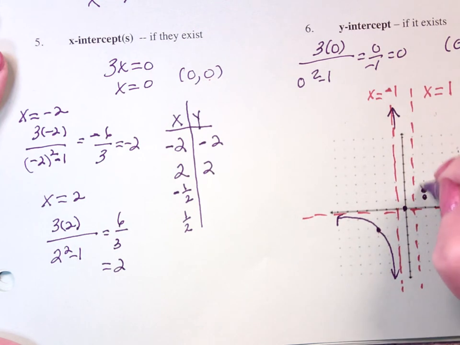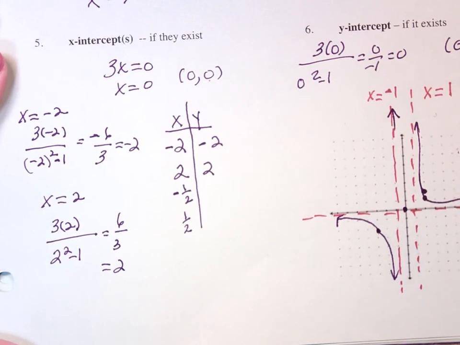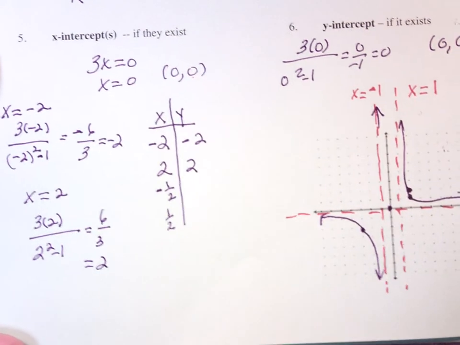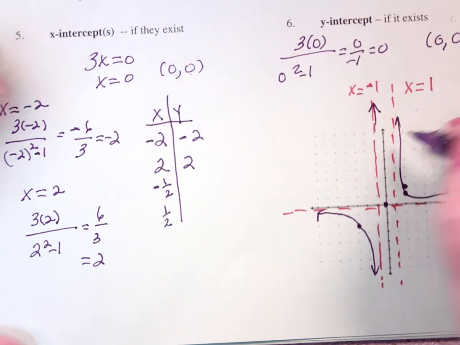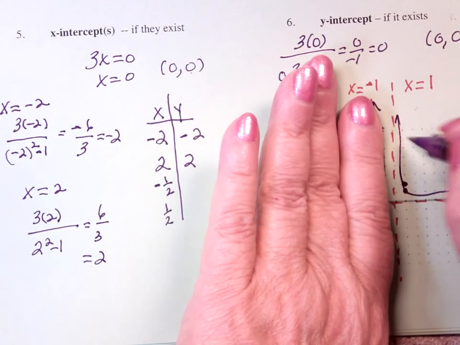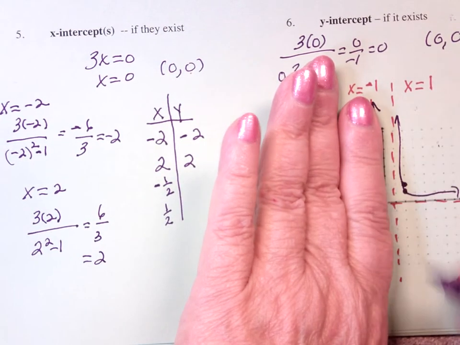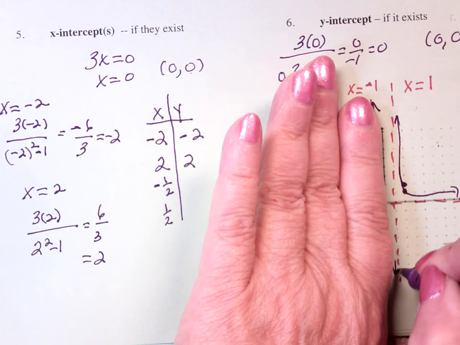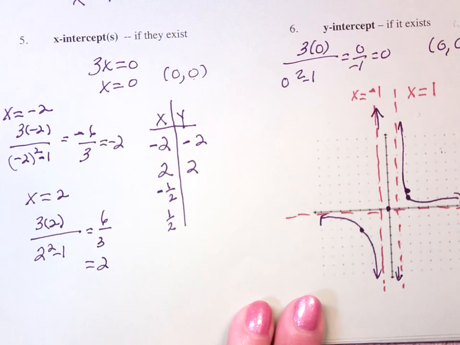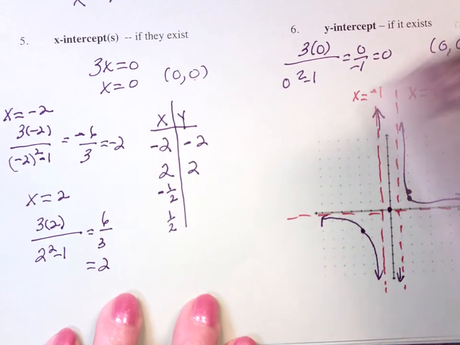That means the graph is here. Now that means if on this side of that VA the graph is going up, what's it doing on the other side? Going down. That means I've got an S in the middle. A snake, yeah.